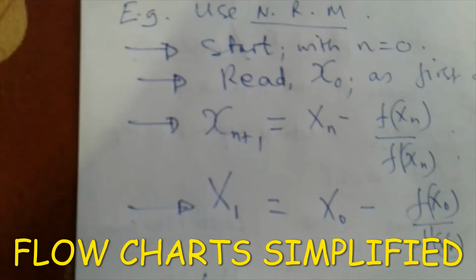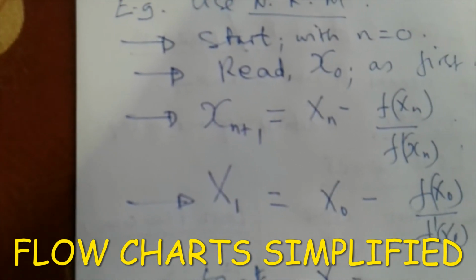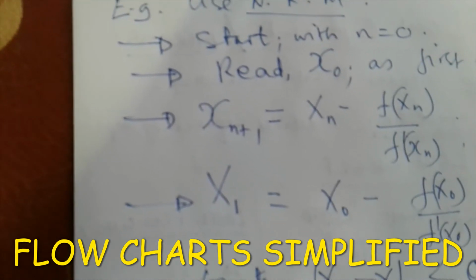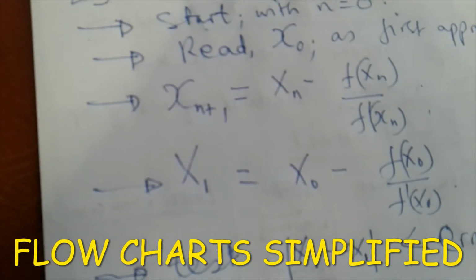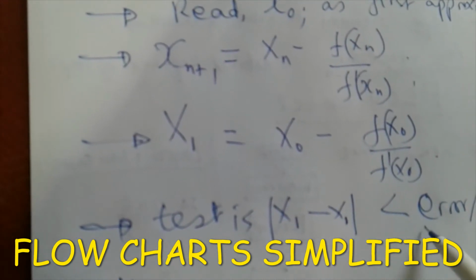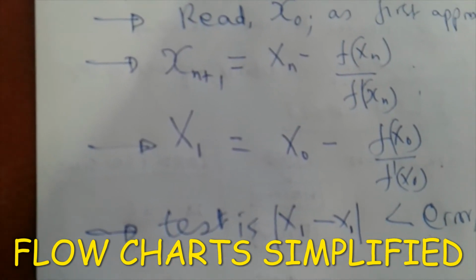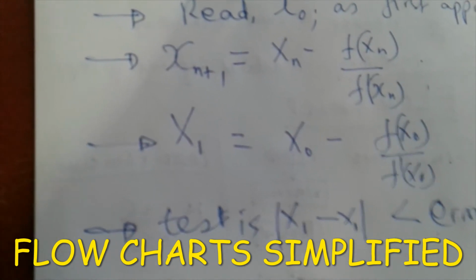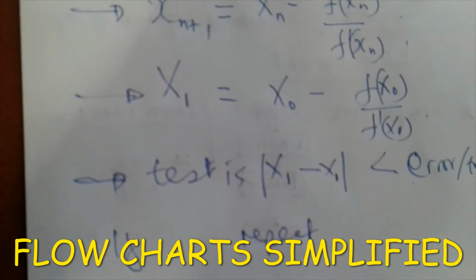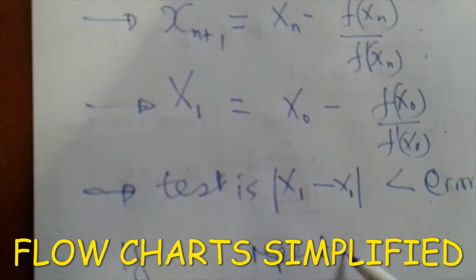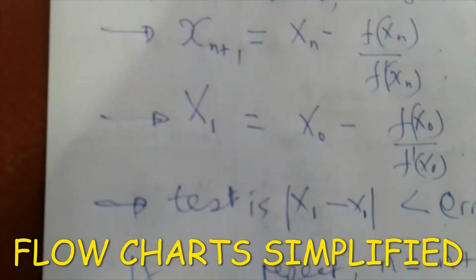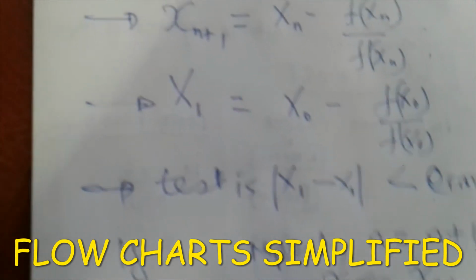Then you have to test whether x1 minus x naught is less than the error or tolerance. If the difference is less, then you stop. If the difference is still greater, you repeat, and therefore that will be a looped flowchart. So you repeat, increase n by 1, then x n is substituted by x n plus 1.